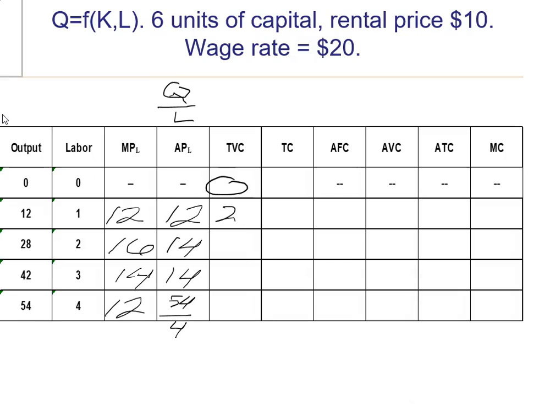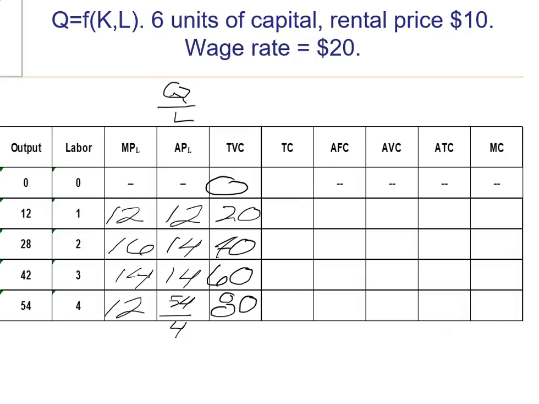So $20 is our variable cost to hire one worker. What's the variable cost to hire 2 workers? Well, that would cost you $40. 3 workers, that would cost you $60. And 4 workers, now we're talking $80. So there's your total variable cost.